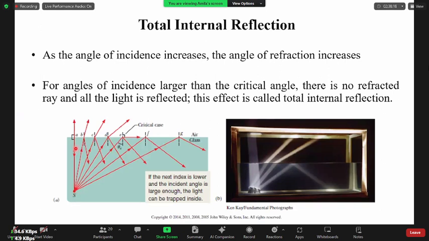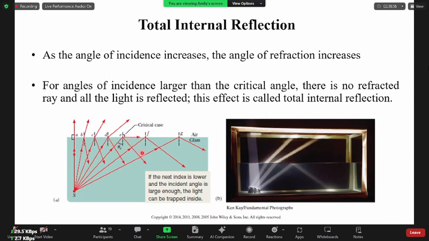Light emitted along the normal line goes along the normal line. Then once I increase the incident angle a little bit, it will reflect. Once I increase more, it will reflect more. As the incident angle increases, the reflected angle also increases. At some point, when the incident angle increases, the refracted ray will go along the surface. We call this angle the critical angle or critical case.